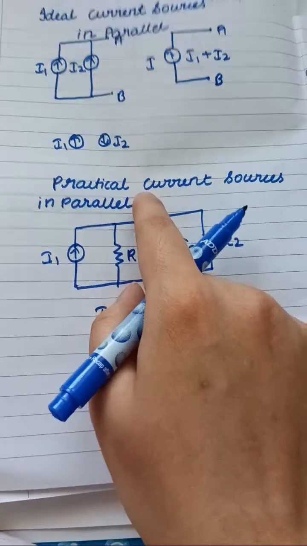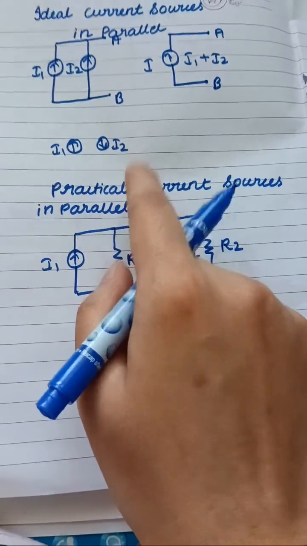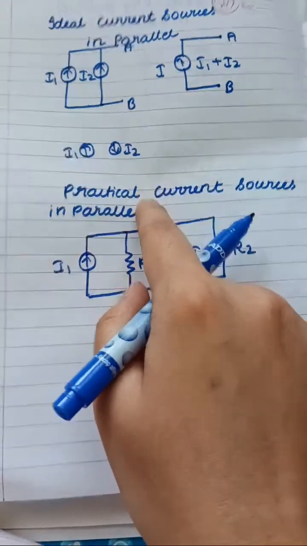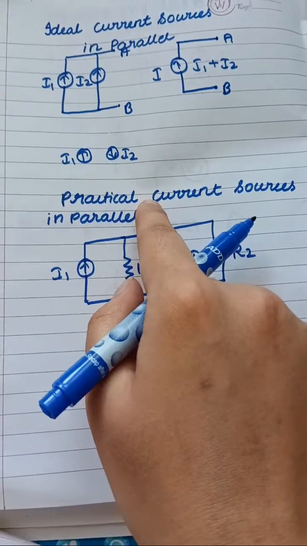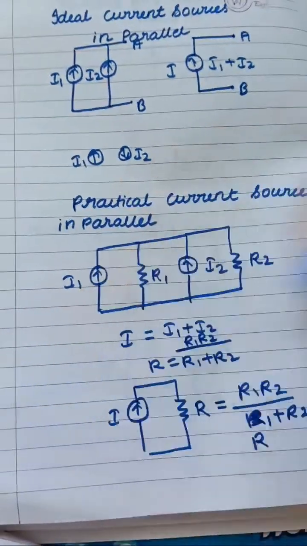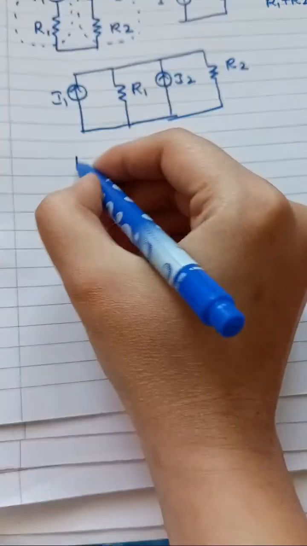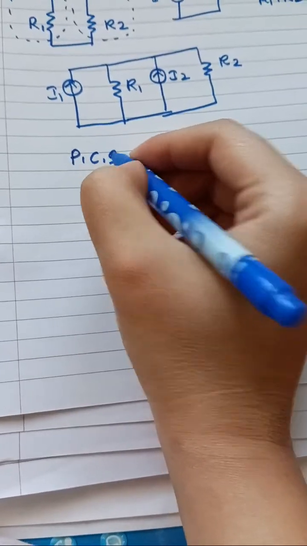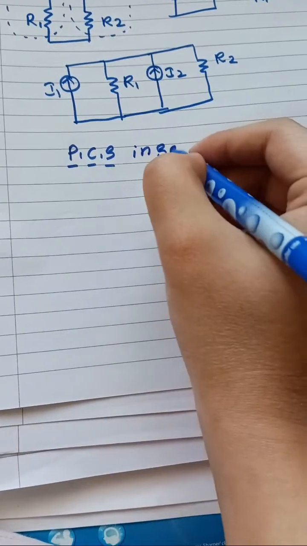Now let us discuss the practical current sources in series. We learned practical current sources in parallel, and now we are going to learn the practical current sources in series. Fine. Shall we see that? Okay. So we'll see PCS, practical current sources in series.